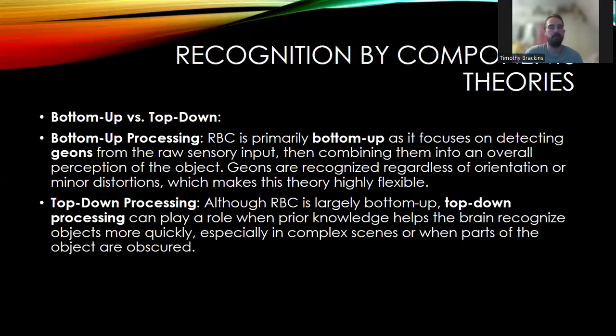So I think it's safe to say that when using these theories, either for feature detection or RBC, if we don't have enough features, if we don't have enough geons to build it up, top-down processing is going to come into play, and we're going to use our prior knowledge or experience or what we think the object should be to fill in those gaps and identify it.